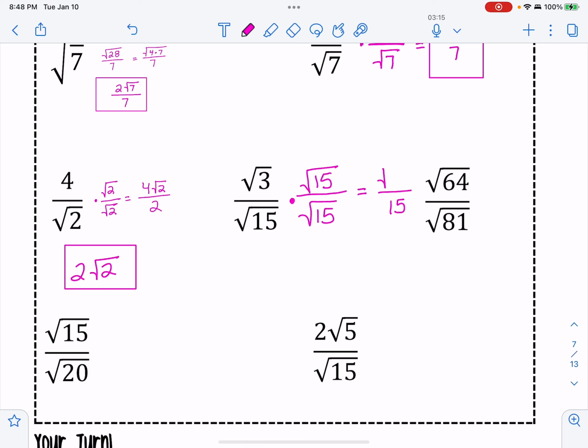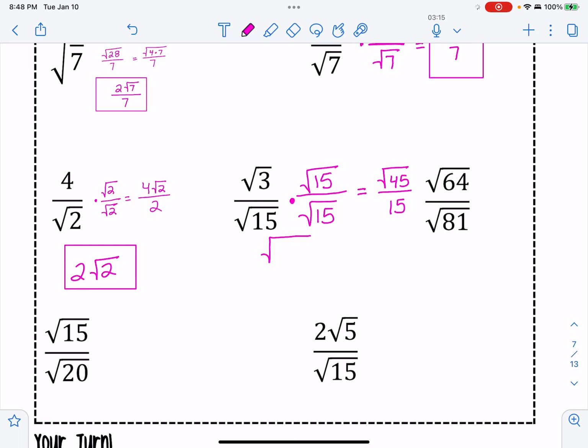In the numerator, I have the square root of 3 times 15, which is 45. Okay, so I no longer have a radical in the denominator, and I have to simplify the radical that's in the numerator.